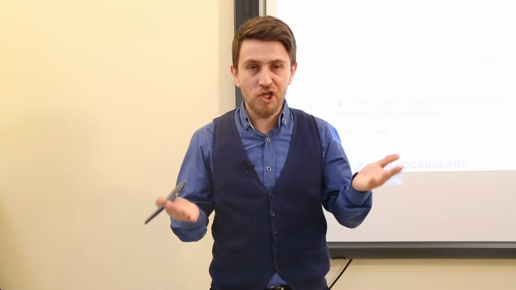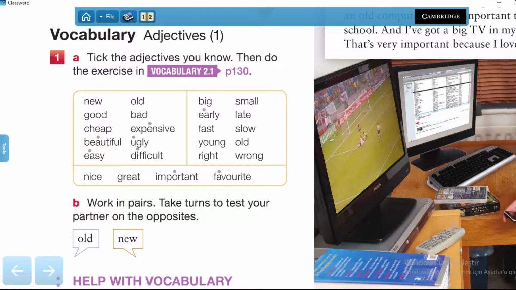For example, a pen is only 2 Turkish liras or 5 Turkish liras. So a pen, it's a cheap pen. Or chewing gum, it is only 2 Turkish liras or 1 Turkish lira. Or a bottle of water, it is very cheap. Let's write it.